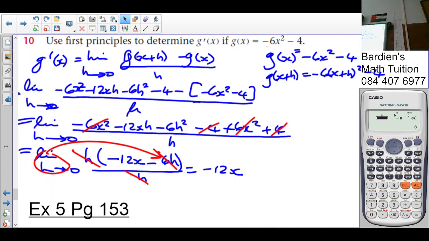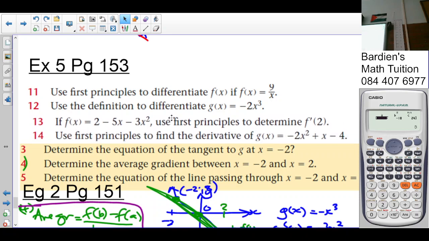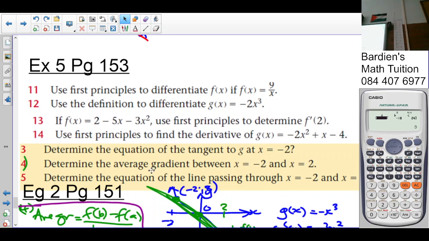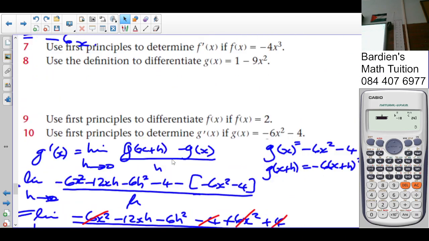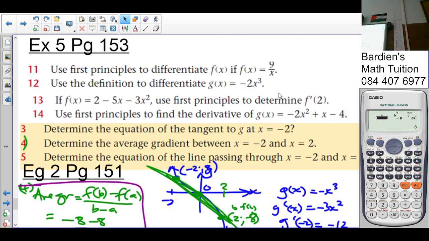Okay. So let's go here again. The next one. We did each of these. The answer to number 11 would have been negative 9 over x squared. The next one is negative 5 minus 6x.